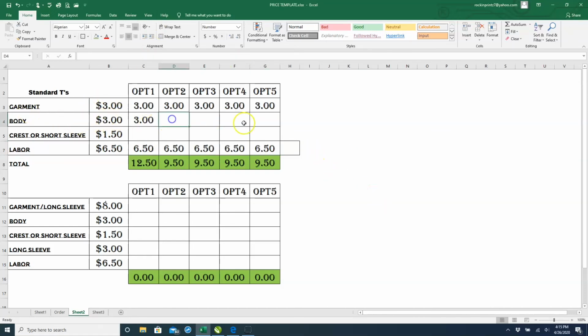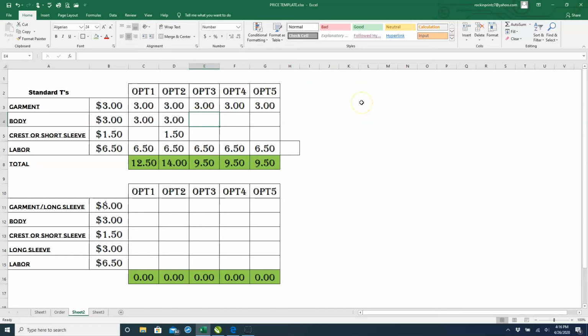So option 2, the customer wants one body and one crest on the chest. The way I broke down the crest is we're just going to do it by half. If the body costs $3, we're just going to divide it by 2. So we're going to put $1.50. Okay, so option 2 is going to be $14.